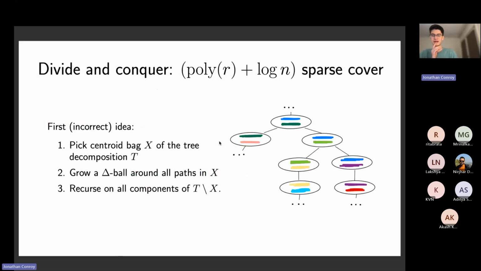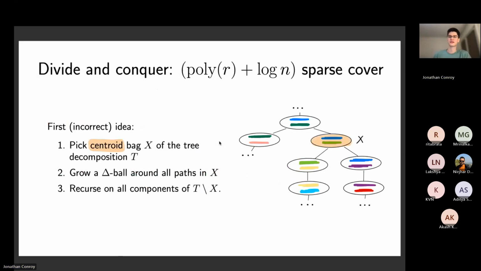What we might try to do, and this is kind of hard to illustrate, is, as opposed to just growing balls downward from every node in the COP decomposition, pick some centroid bag of this COP decomposition. Then we should grow clusters around all of the paths in this centroid bag.